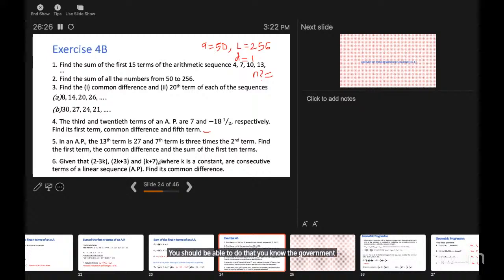If they are consecutive terms, the common difference will be second term minus first term, or third term minus second term, and they must be equal. So you equate them and make k the subject. Once you get k, you should be able to find the value.